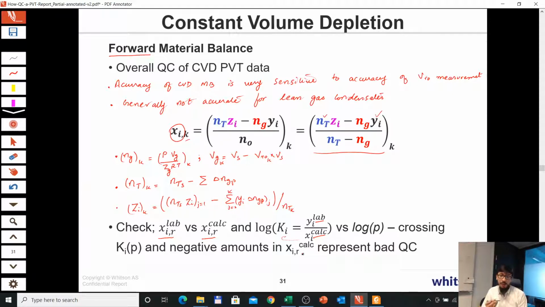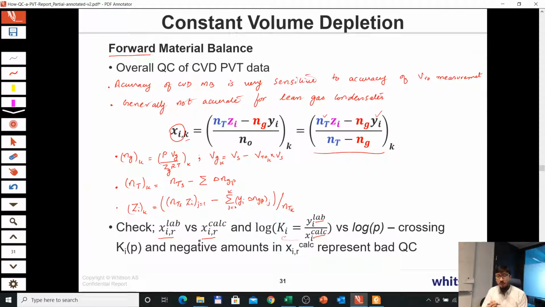But in the backward material balance, when we discuss that, you need to have this lab reported residual oil composition, because that is the input to the material balance equation. If you don't have that information, you cannot perform a backward material balance. And we have already discussed that the backward material balance is generally more important than the forward material balance.